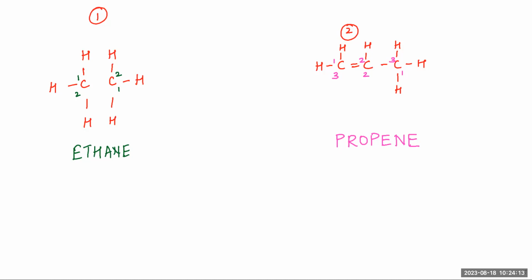So before you actually name a hydrocarbon structure, we need to look at the carbon chain and the bonds that exist between the carbon atoms. As in the first example, because there exist only single bonds between the carbon atoms, it was an alkane. And in the second example, as there existed a double bond between the first and the second carbon atom, we named it as propene. I hope you understood the second example as well.